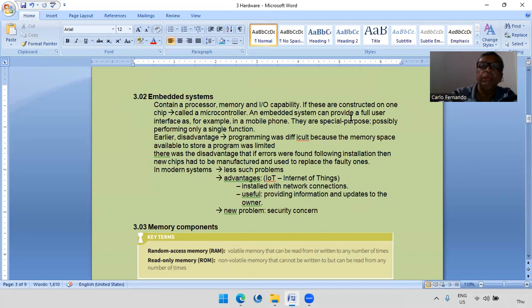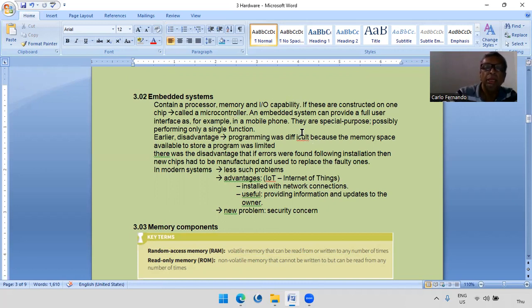The system can provide a full user interface, for example in a mobile phone. That's also an embedded system. The processor is there, the memory is there in a phone, and I/O capability, input and output, is possible.